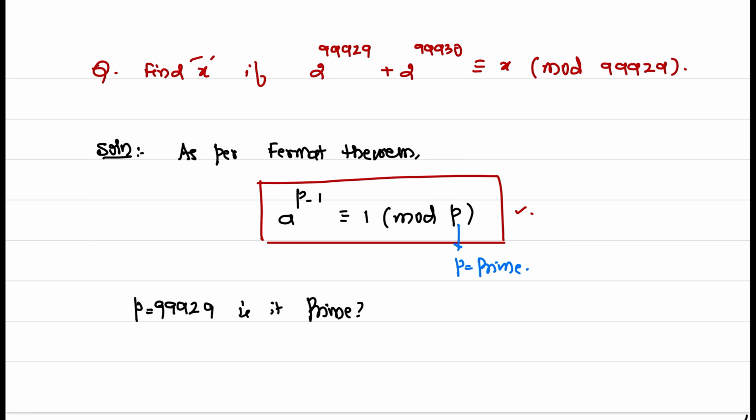First and foremost, this is the first and most important concept which you have to know before applying Fermat's theorem: whether the given number for which mod is being found out, congruence is being applied, or Fermat's theorem is going to be applied, is prime or not. Let us find out.